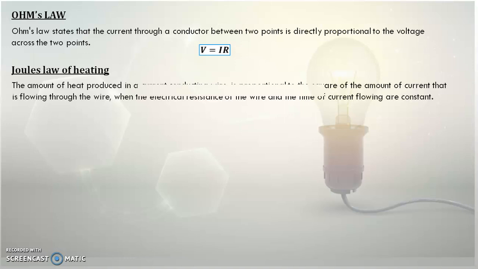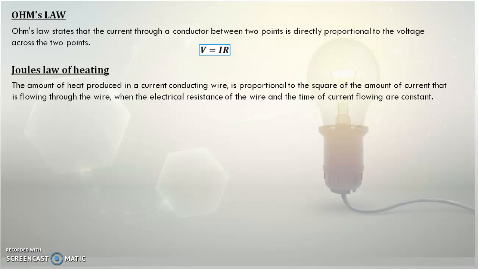Joule's law of heating is like this: the amount of heat produced in a current conducting wire is proportional to the square of the amount of current flowing through the wire, when the electric resistance of the wire and the time of current flowing are constant. This is the definition that you should know.